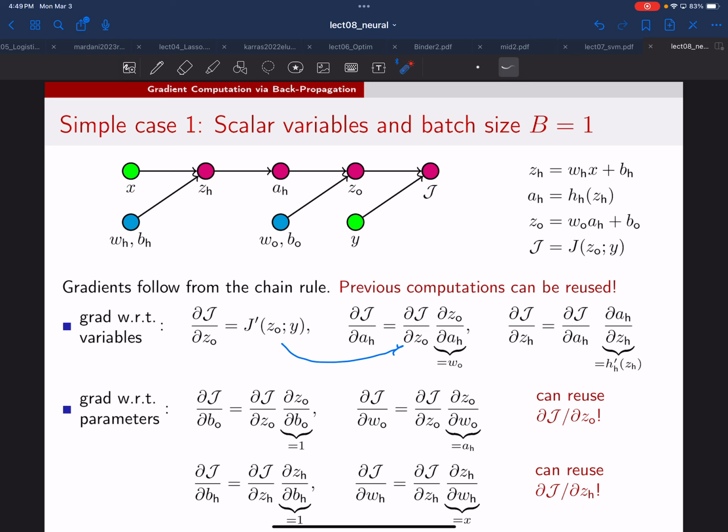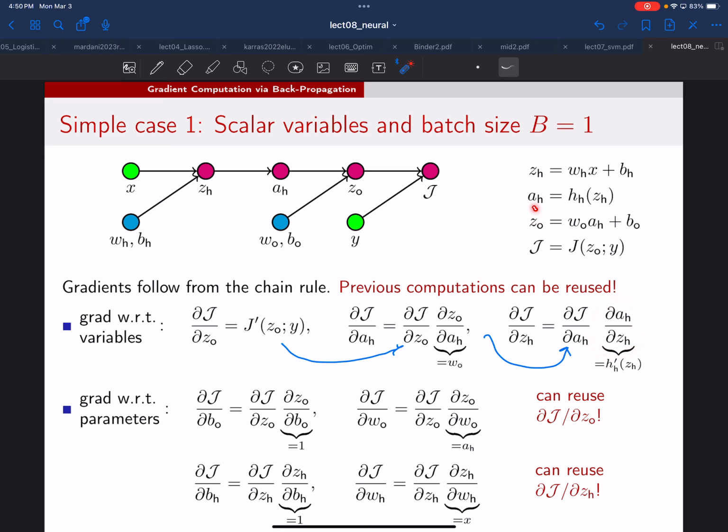Now we move on one step further in the reverse process. We compute dJ/dzh as dJ/dah times dah/dzh, like here. This first term, we just computed and stored, so that's a number we have available. The only thing we have to figure out now is dah/dzh.